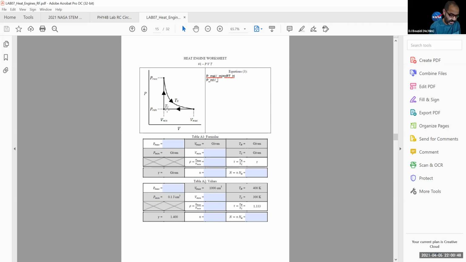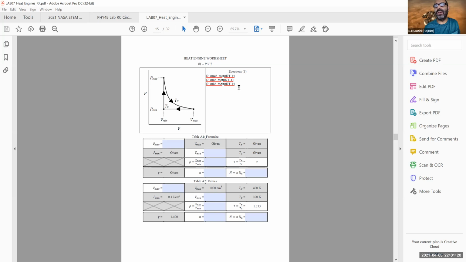Okay, I know also Pmin times Vmax is equal to nRTH, because these two belong to an isothermal.